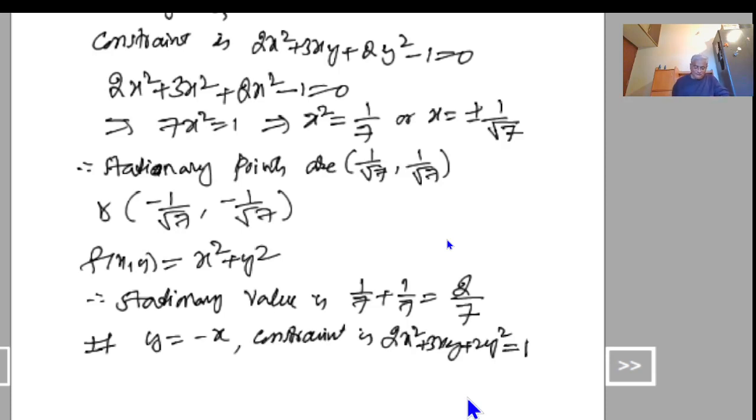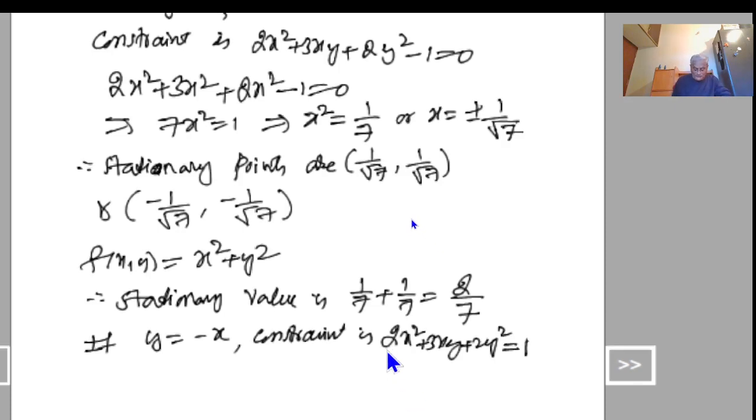So here if I put y equal to minus x, what we get here is 2x square as it is, and x into minus x is minus x square, that is minus 3x square, and 2 into minus x square is 2x square. Plus 2x square is equal to 1.